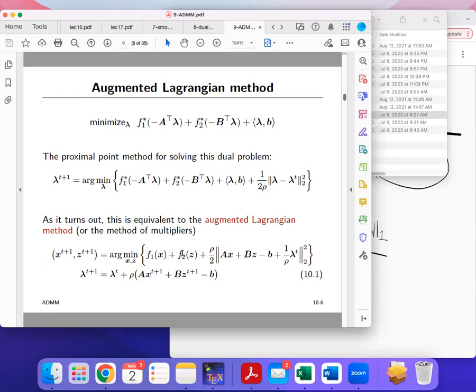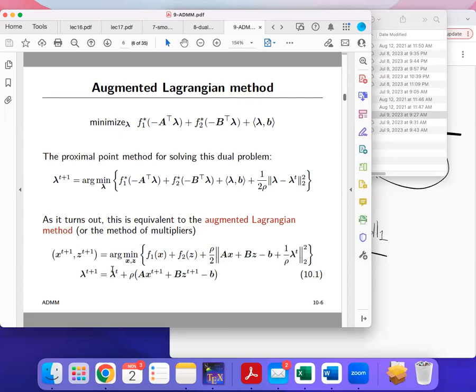Basically, this is the augmented Lagrangian. And then we update the multiplier. So there is a very interesting connection here. This is like the primal dual updates. The first update is the primal update, and the second update is the dual update.